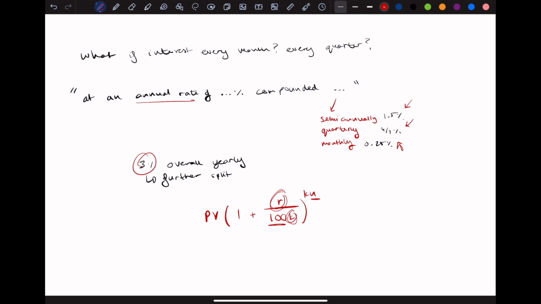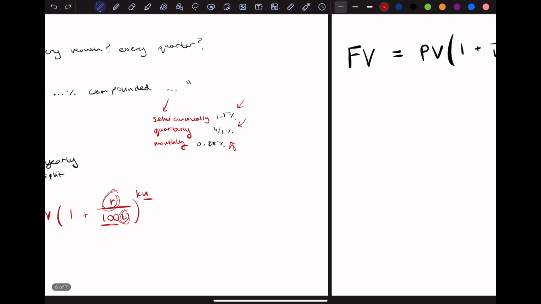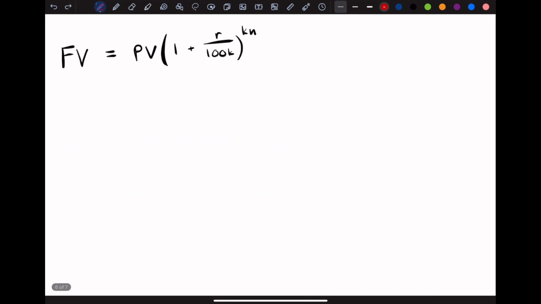So for example, here it would be 0.015. And then we add that to 1 to get a percent that we multiply our present value by, for example, 101.5%. And this is where this formula comes from. So this is our number of years, and this is our number of compound periods per year.